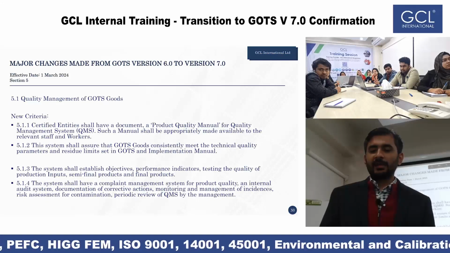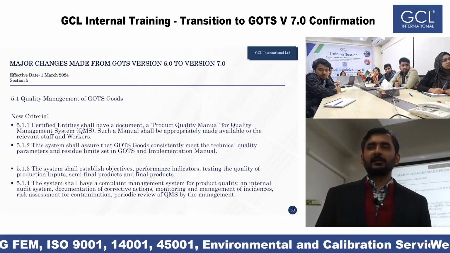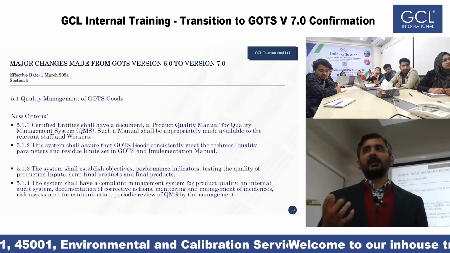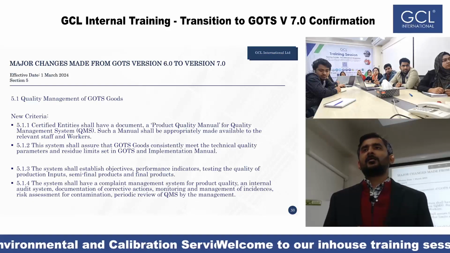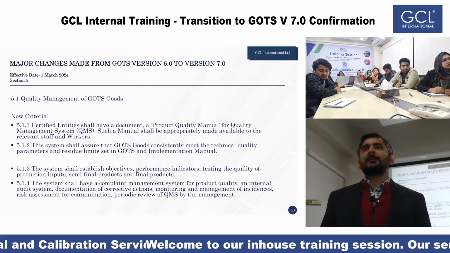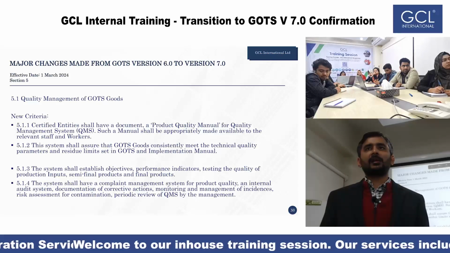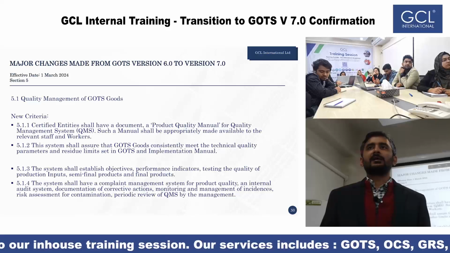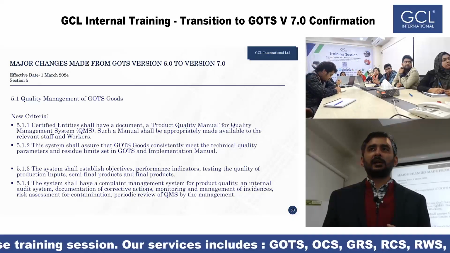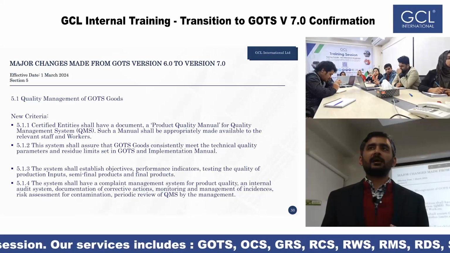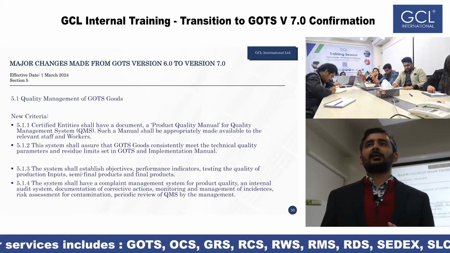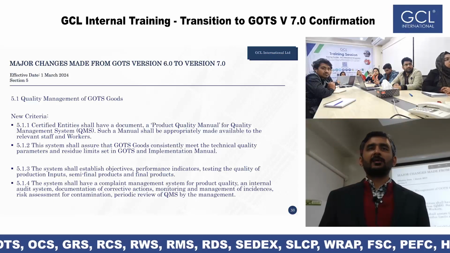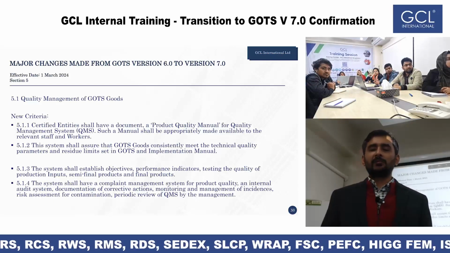Another thing GOTS has added is that the testing requirement in the quality manual is not only applicable for the final goods, it can also be applied for input, in-process and output products. So, the technical quality requirement as per the quality manual that the certified entity is developing shall not only apply to the finished product, but can also be applied to input, in-process and finished goods.